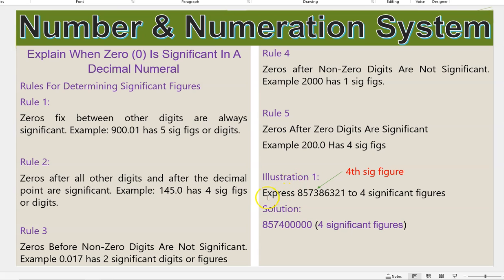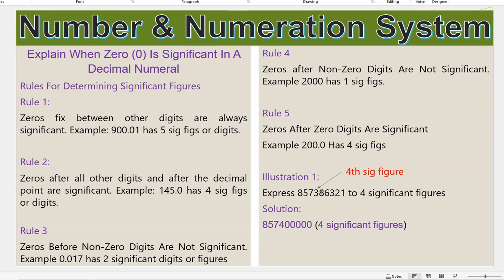Illustration 1. Express 85738632 to 4 significant figures. Looking at the question very well, the number 3 here falls on the 4th significant figure. The number to the right is 8, which is more than 5.